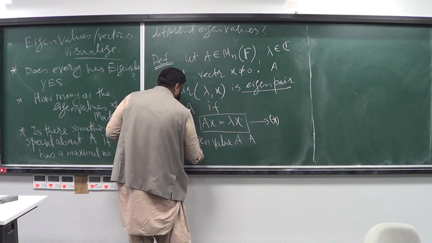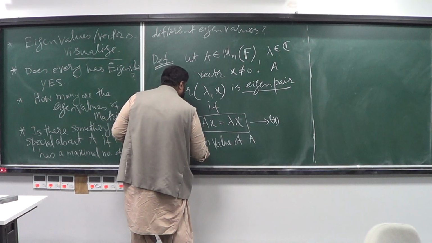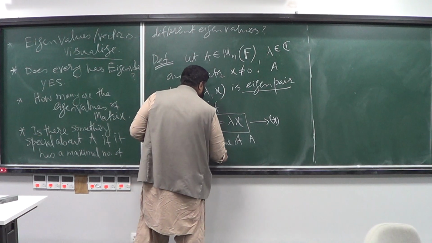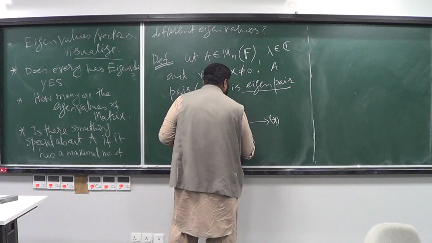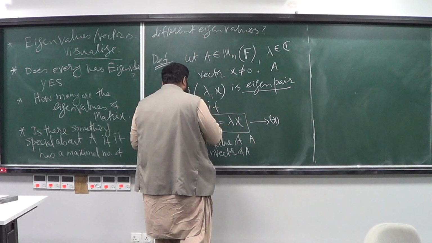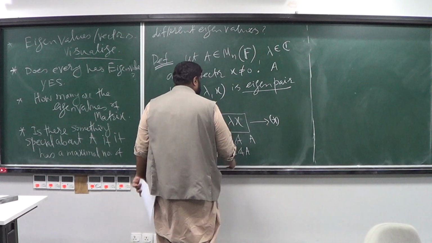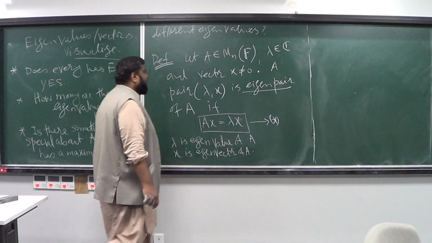So x is an eigenvector of A corresponding to the lambda.